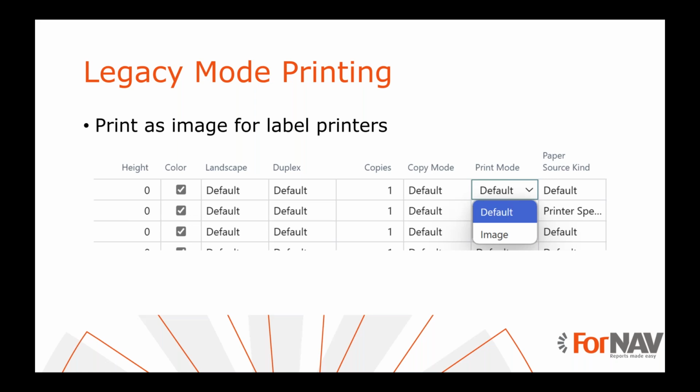They require that you print things as an image instead of sending printing instructions with vector-based printing. So now you can also set on your direct printing definition that it should print as image instead of vector. This will increase the compatibility with older drivers.